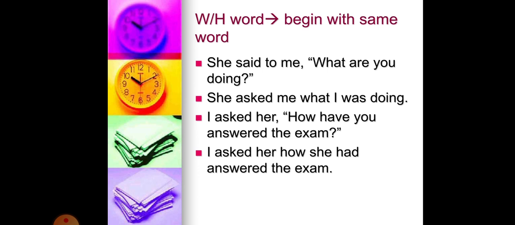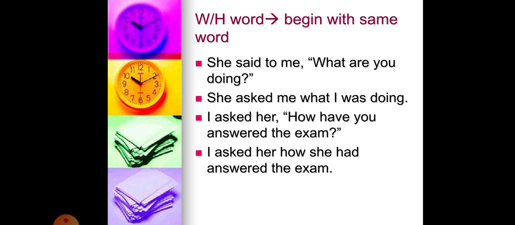Second example is, I asked her, how have you answered the exam? Now here also I have not used if or whether. I asked her how she had answered the exam. Now here one thing more you have to keep in mind: whatever the subject is, it will come just after the WH word. As in the second example, I asked her how she had answered the exam.